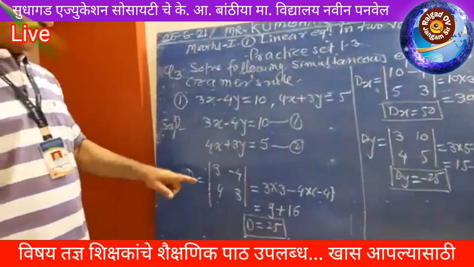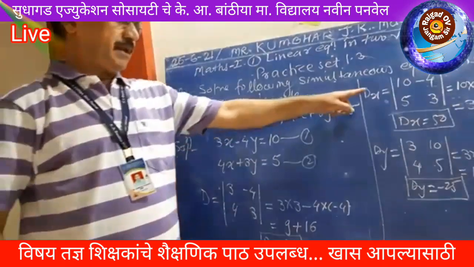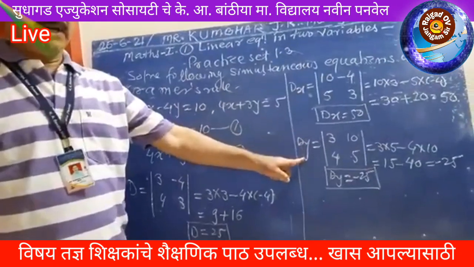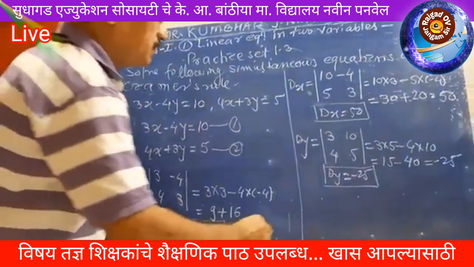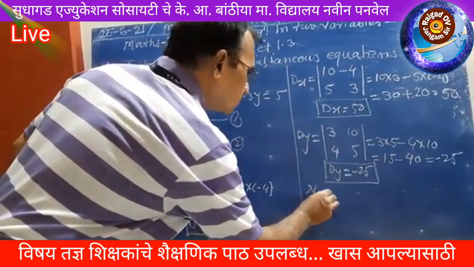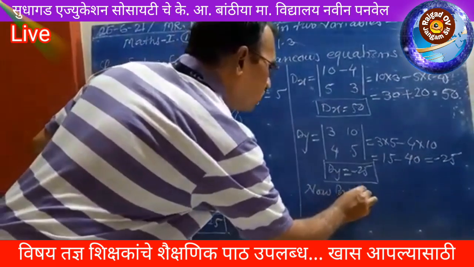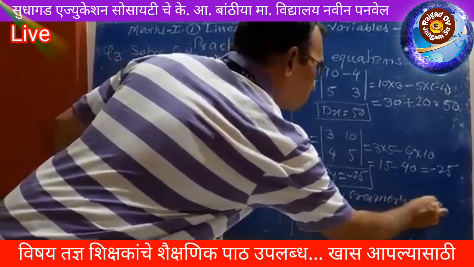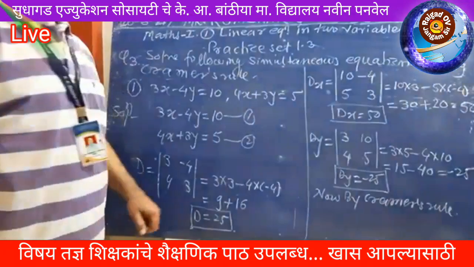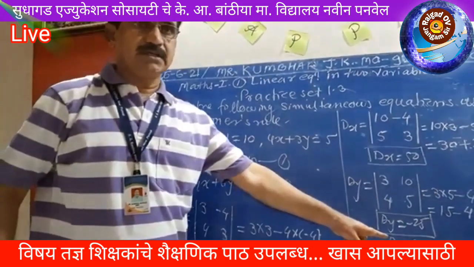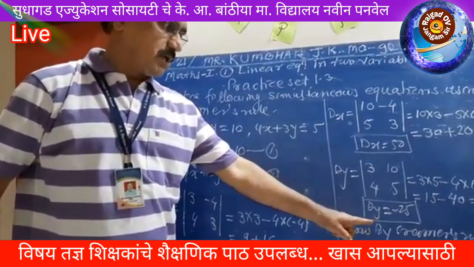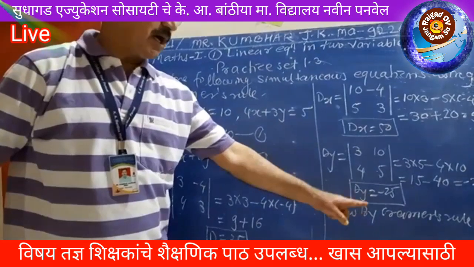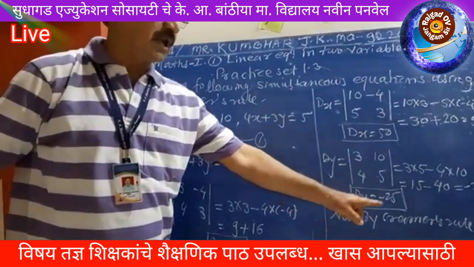Okay, here we found D, Dx and Dy. Now here we have to mention, now by Cramer's rule. Remember this for tough cases. Top students should write this, half mark for this, by Cramer's rule.